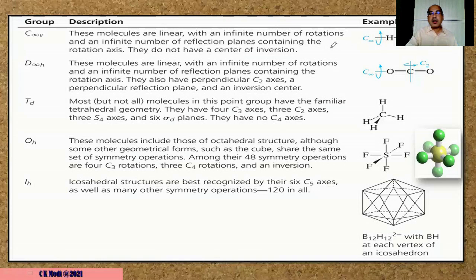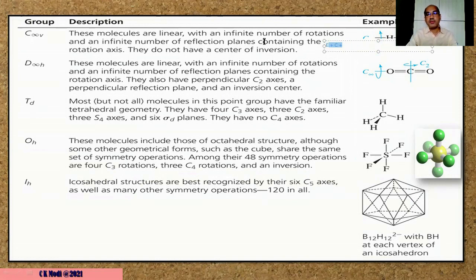So which of the symmetry elements are present? E is present, plus C infinite is present, and plus sigma V is present.